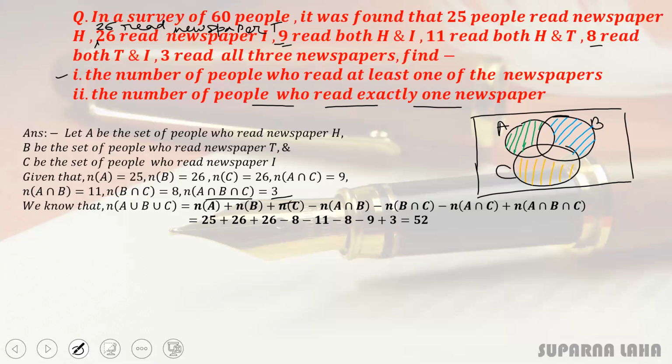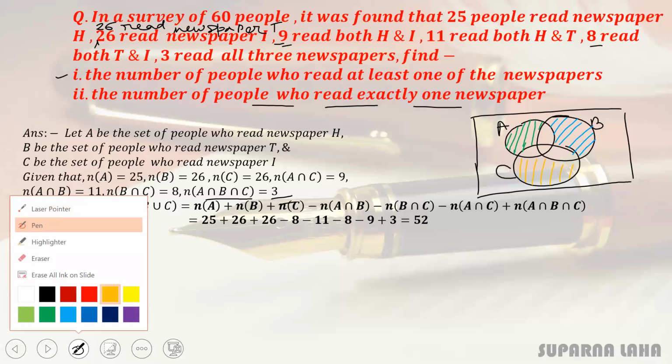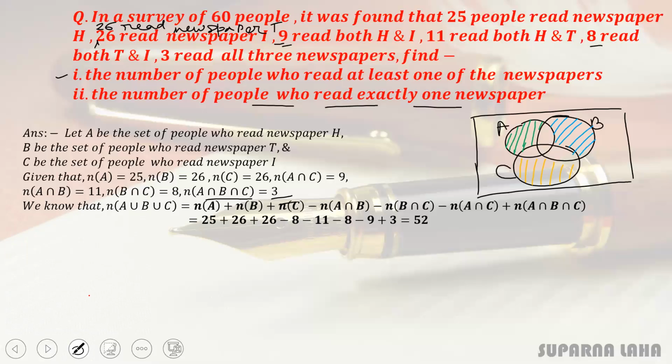So you need to remove this portion, the intersection parts of these 3 sets. If this part is A, this part is B, this part is C, and this part is D, what is A intersection B?